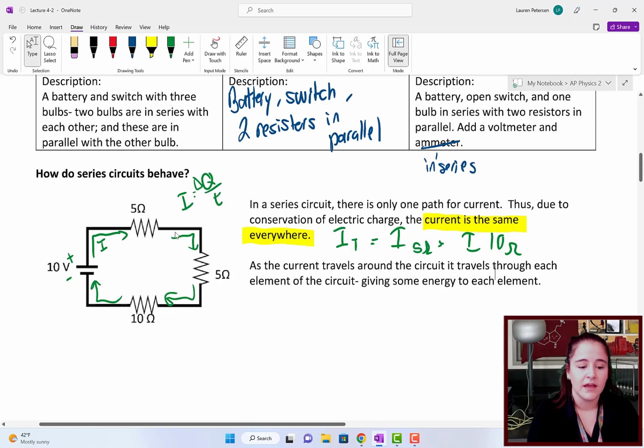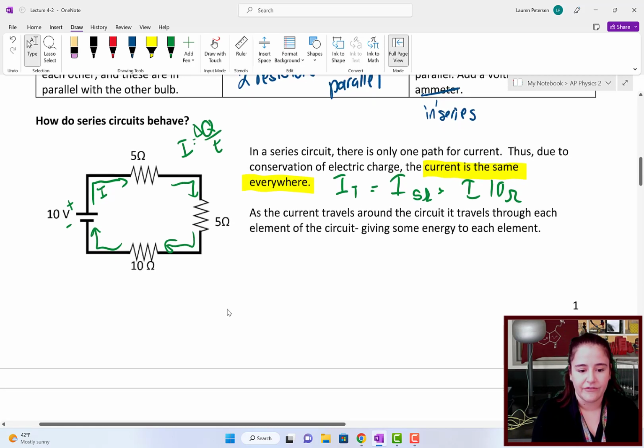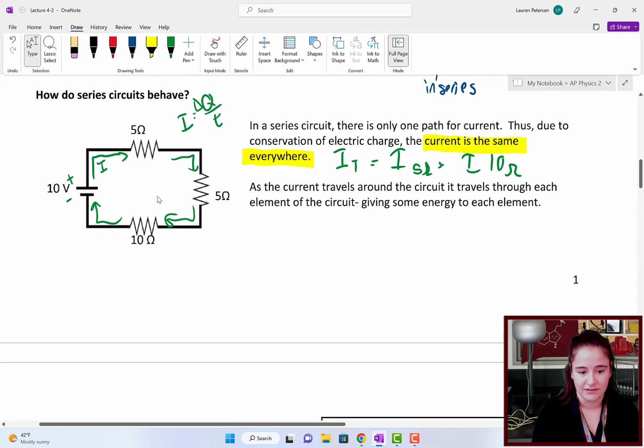Now, if we were thinking about the energy used in the circuit, where we get 10 volts per coulomb, that energy per charge given by the battery has to be shared among these 3 resistors.